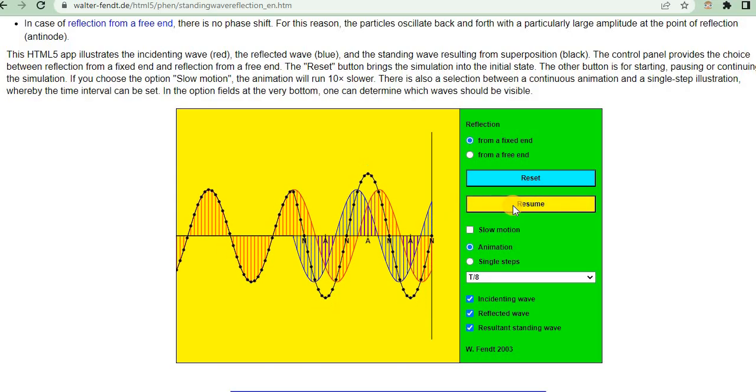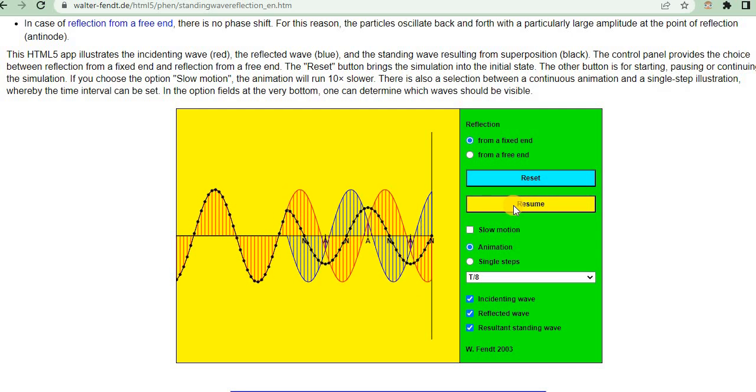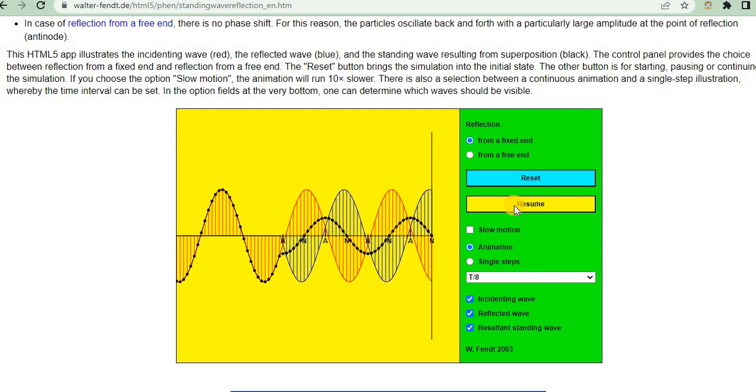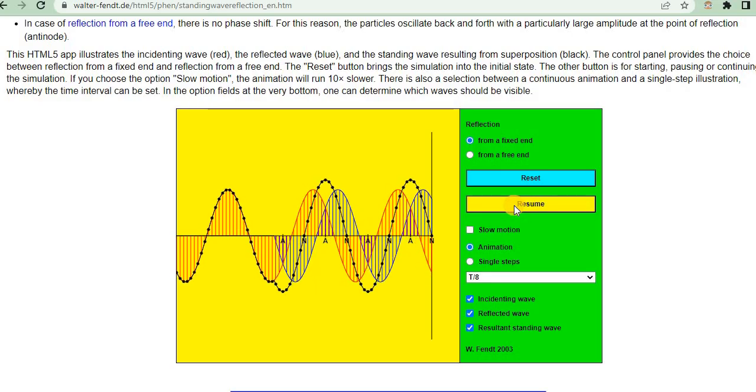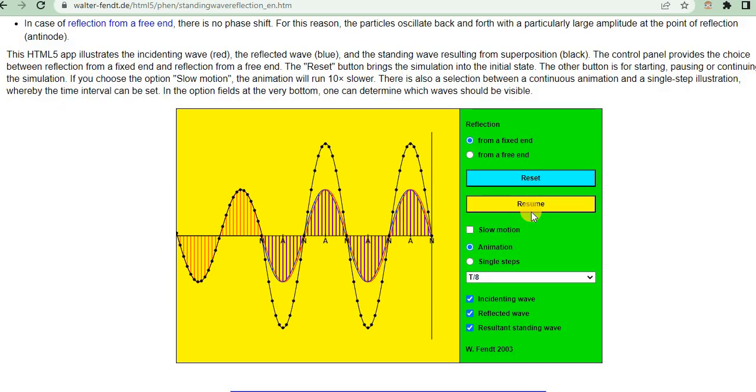The blue wave is the reflected wave, the red wave is the incident wave, and what you see in black is the resultant wave. Okay, now you see here, both of them, the red wave meaning the incident wave and blue the reflected wave, when they interfere we have superposition.